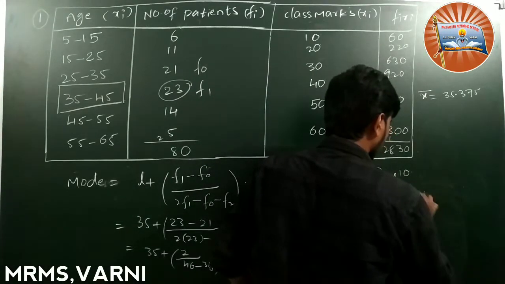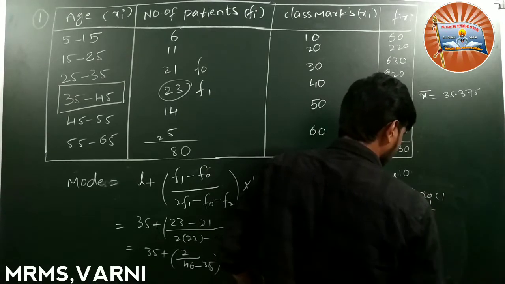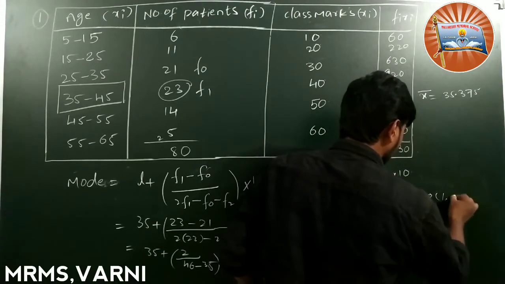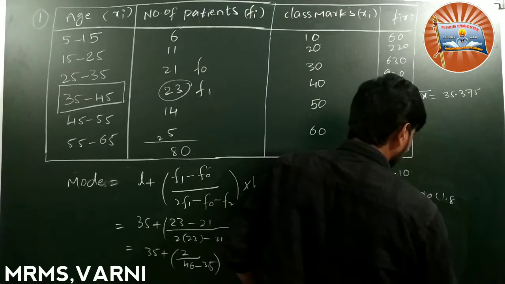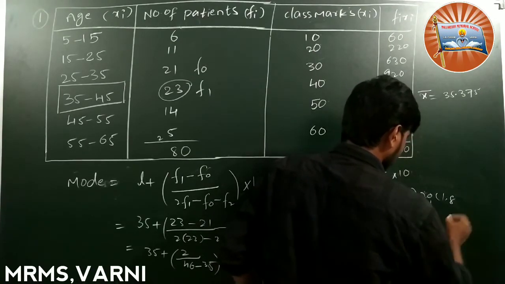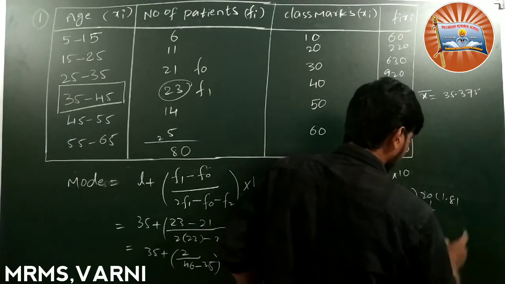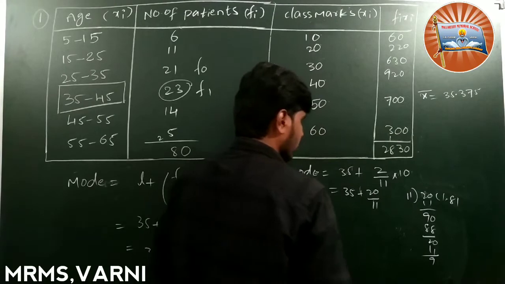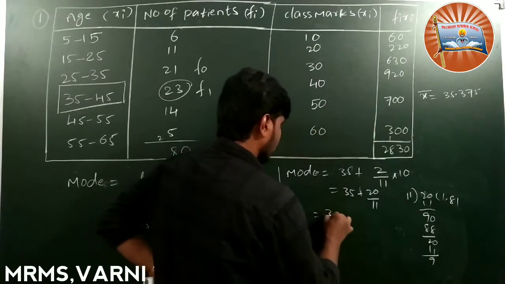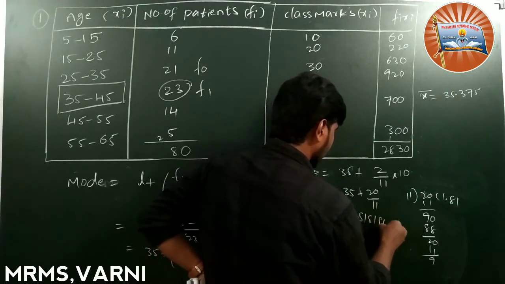So take the division here. 11 ones are 11, 9 is remaining. Take a point here. 11 8s are 88. Take 2, remainder as 2, and take 0 here. 11 ones are 11. Again 9 remainder. It will be continuous like that. Okay. So what is the repeating term here? 35 plus 1.81, 81, 81 repeated.